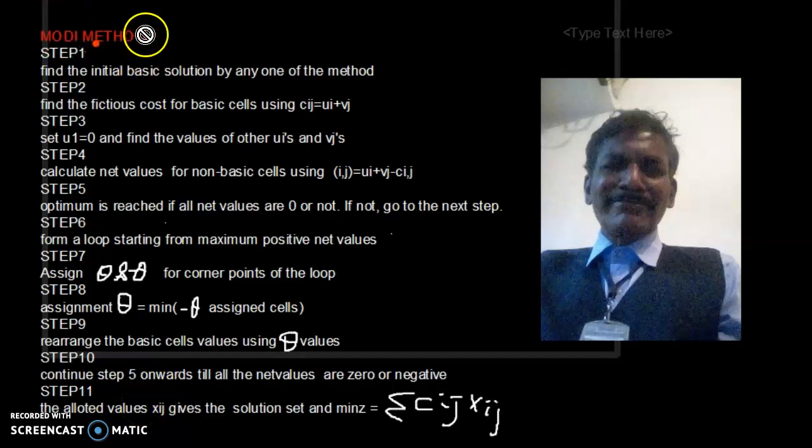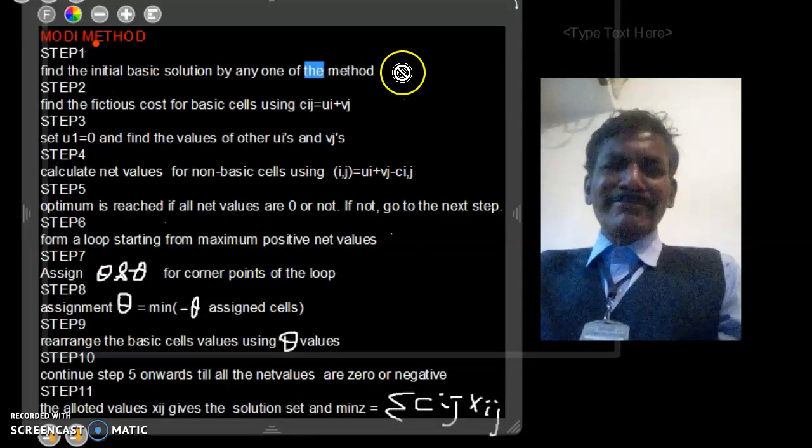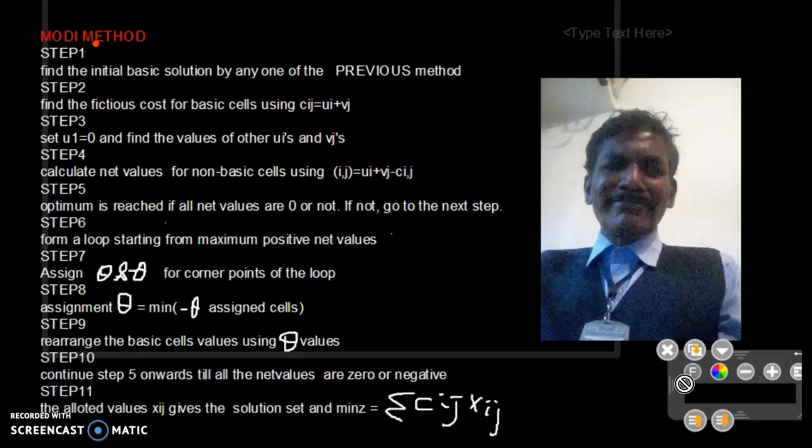Okay, the first step is that we have to find the initial basic solution by any one of the previous methods. That's very important.